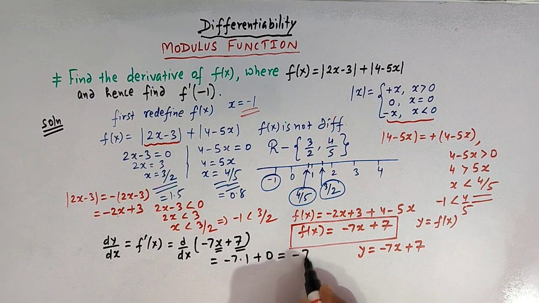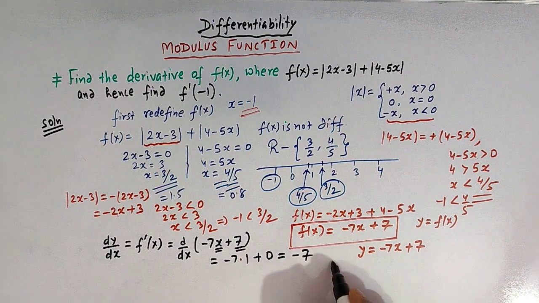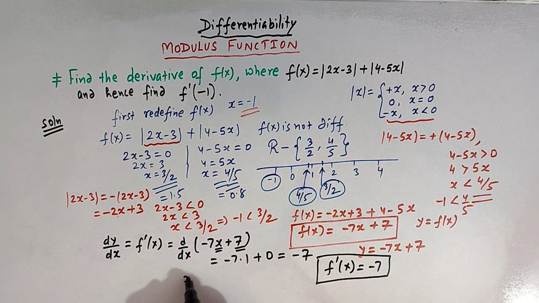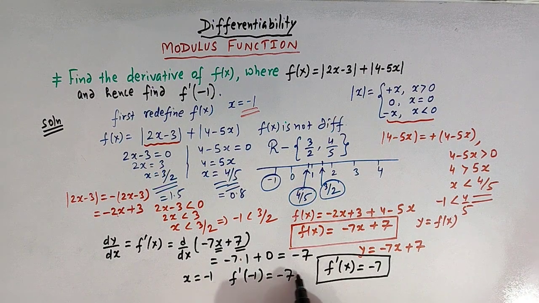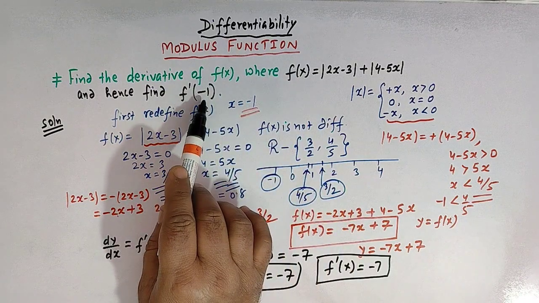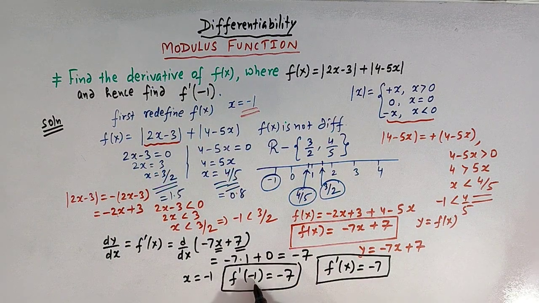So we have minus 7. So f prime of x is equal to minus 7, which is independent of x. If we take x is equal to minus 1, then f prime of minus 1 is equal to negative of 7. So the derivative of this function f of x at x is equal to minus 1 is equal to minus 7.